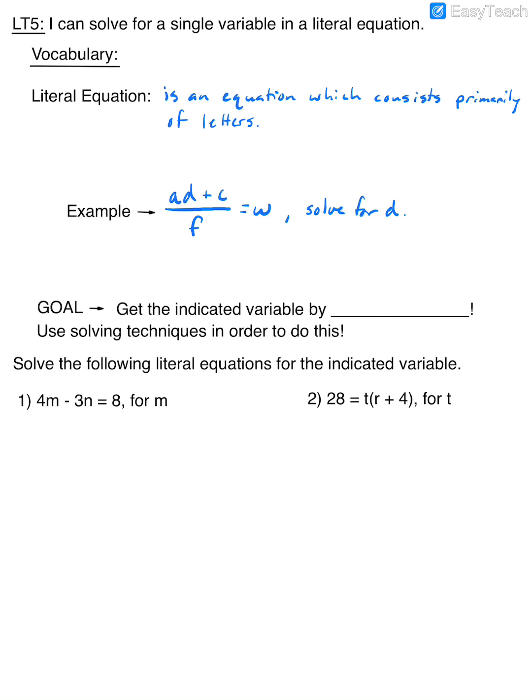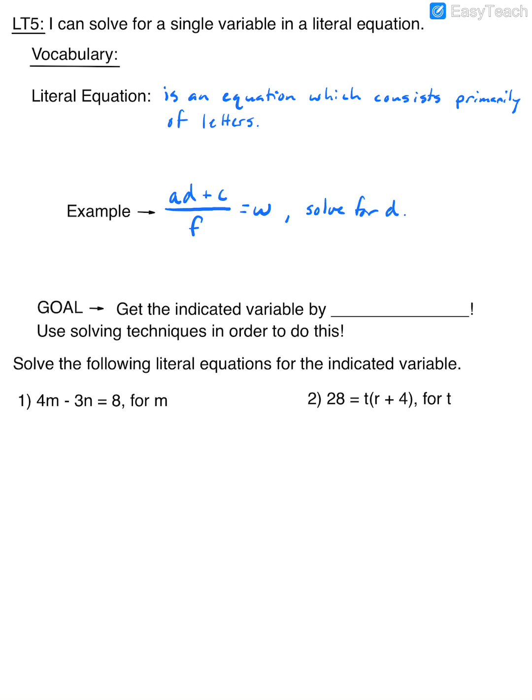Now, hopefully you notice that there are no other numbers, so you're not going to know what these values are. You're not going to figure out an exact number answer to these, but you want to get a variable by itself by using the same operations or properties, like adding the same thing to both sides, multiplying, dividing, or subtraction, all those different things.